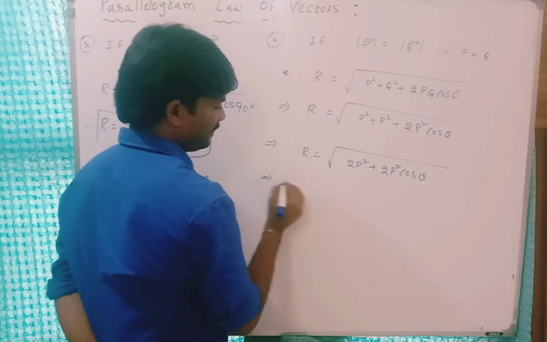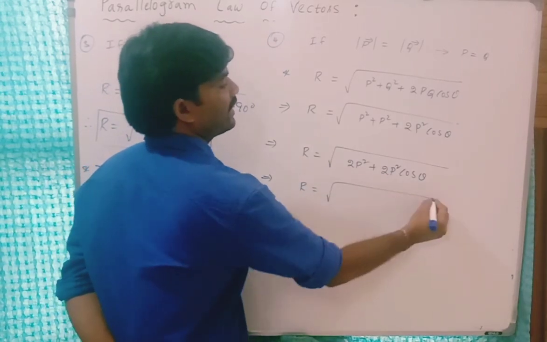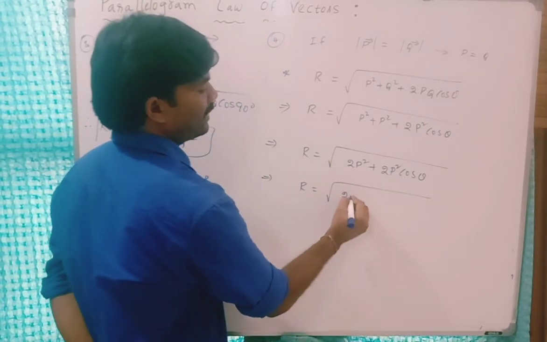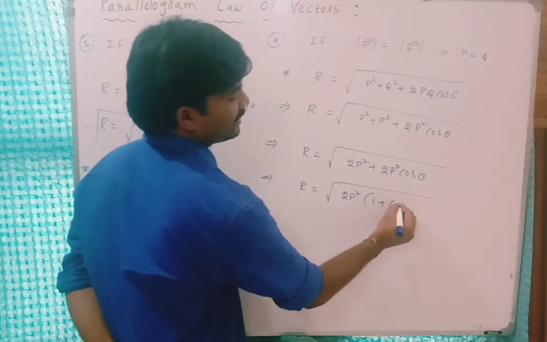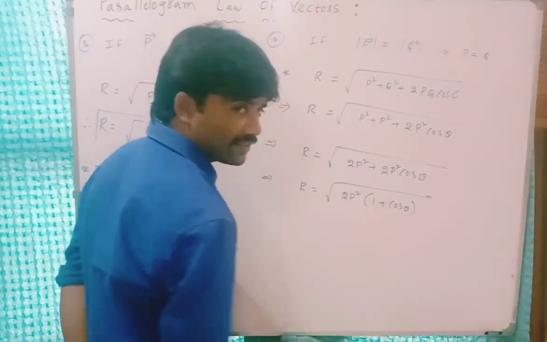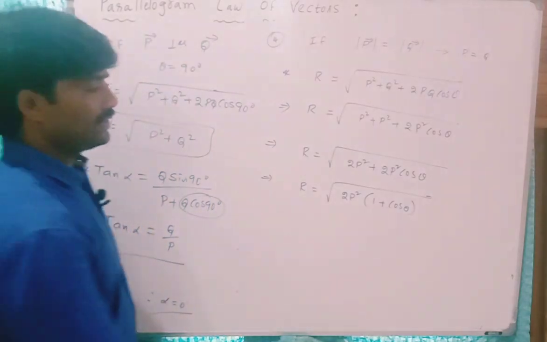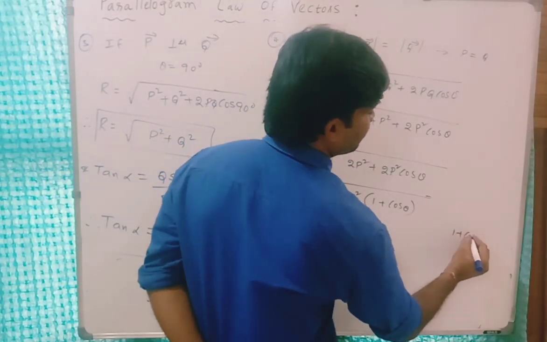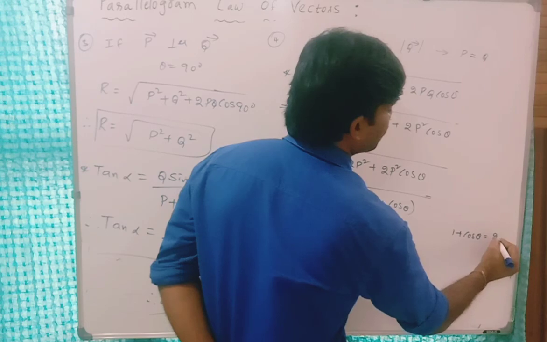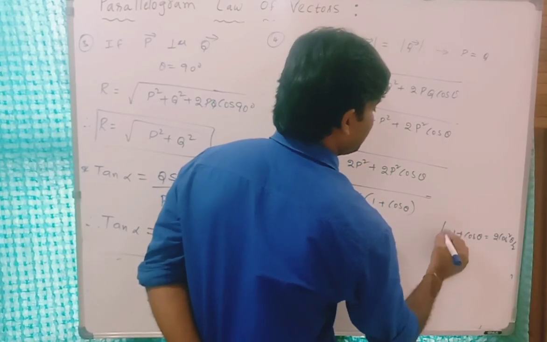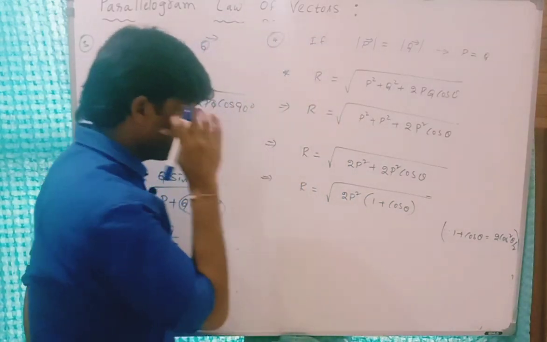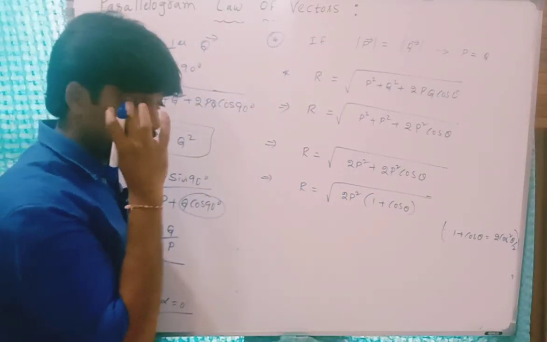From this you can see 2P square is common, so you have 1 plus cos theta. This 1 plus cos theta is 2 cos square theta by 2. You can write that from the cos 2 theta formula.